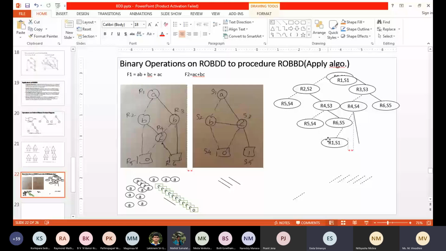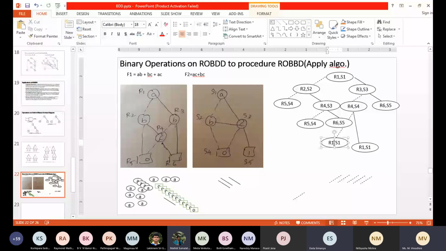R5. R4 when it is 1? R6. Next, S4 when it is 0? That's the least one, ma'am. So S4 again, because this is the least one. There is no further division, so here also you write S4.